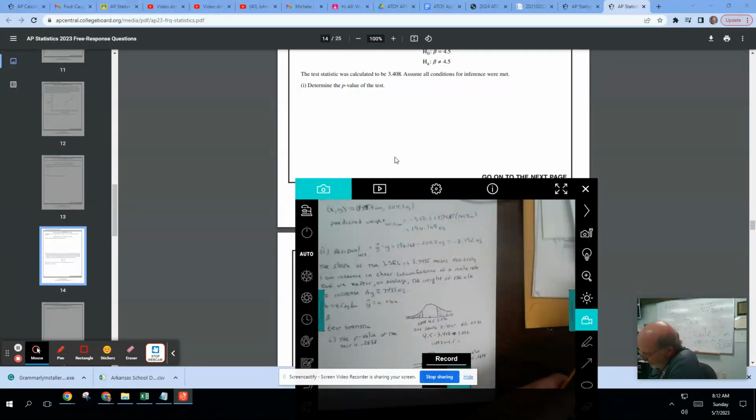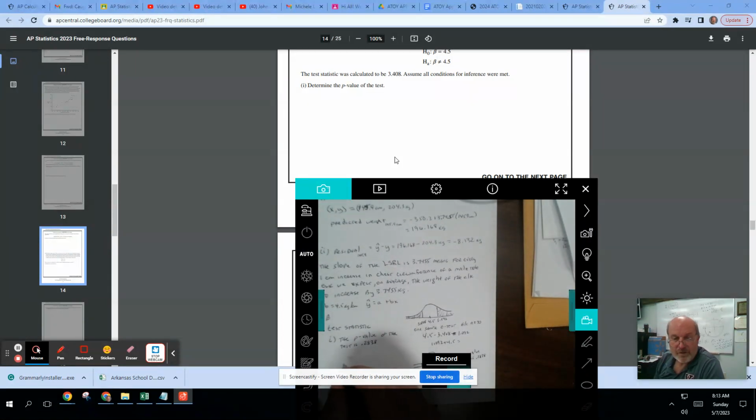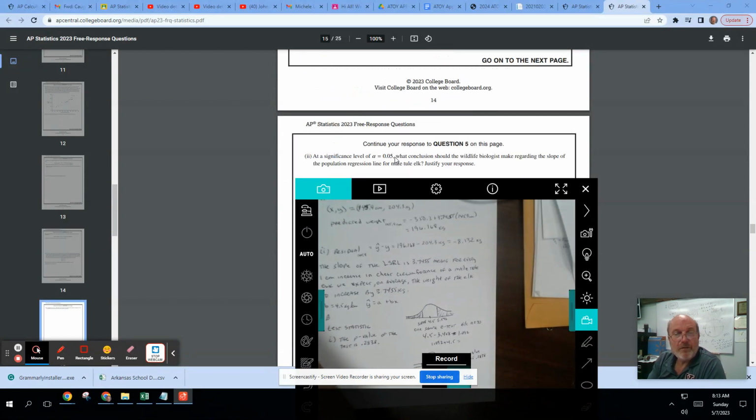In normal cdf, negative 10 to the 99th to 1.092. Oh, we don't have a standard deviation, though, do we? Nope, we can't do that because we don't have a standard deviation. So this is what we're going to use: 0.2838. That's all we're asked to do on part I.